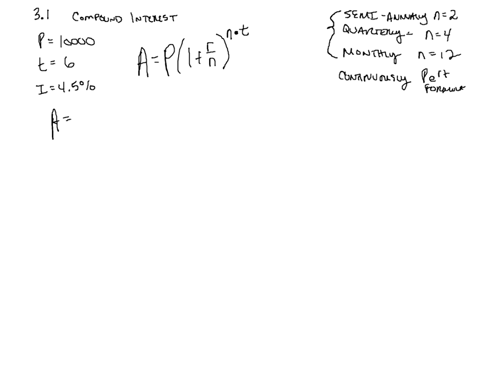So A equals, my principal is the amount of money I start out with either in an investment or as a loan. And in this case, the principal was $10,000. So A equals 10,000 times 1 plus my rate is 4.5%.